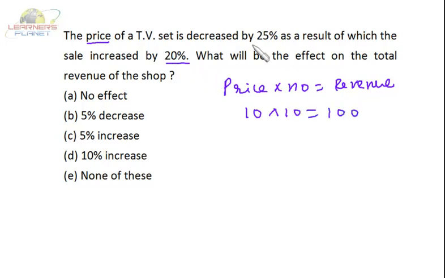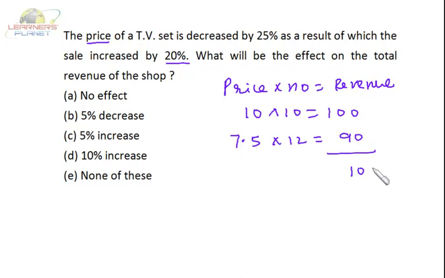Now price is decreased by 25%. That means the new price is 7.5 and the sales is increased by 20%. That means the new number of units is 12. Now what is 12 into 7.5? It's around 90. So it's 10 downfall over 100.